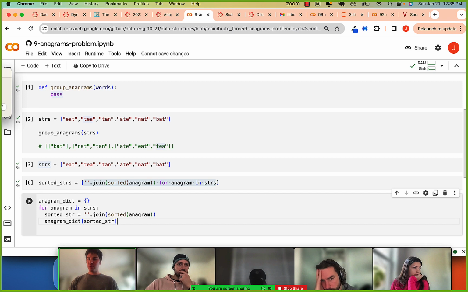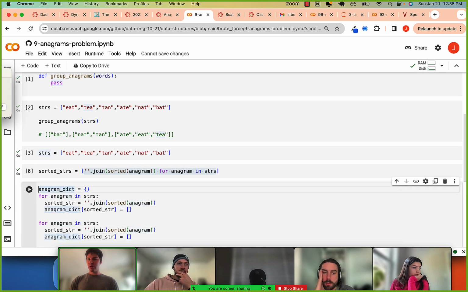I'll do it in two steps. I'll do the sorted string and then have it equal to this, and then I'll just go through it again. That was just to show you what this will produce.